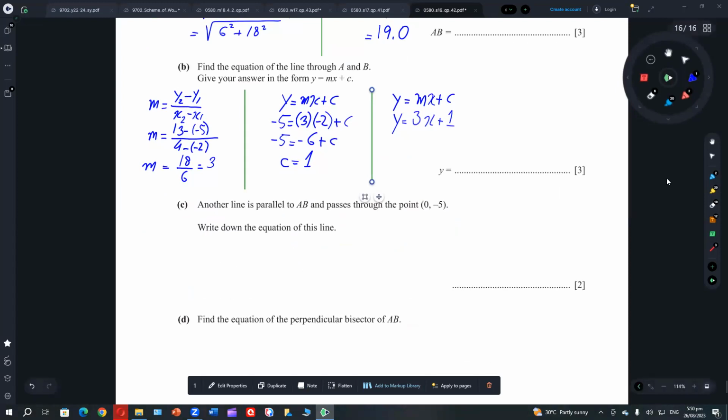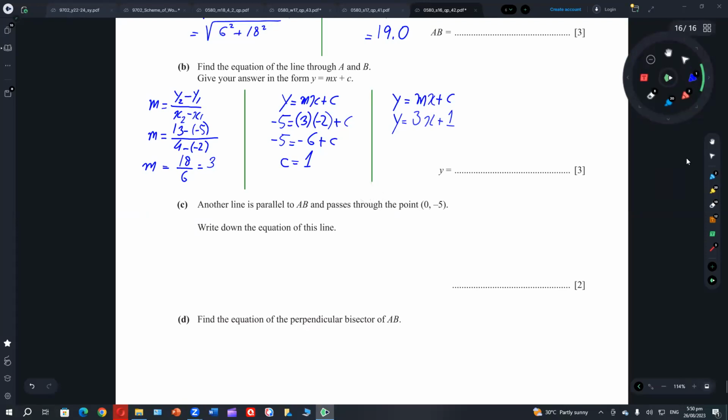Another line is parallel to AB and passes through the point 0, -5. Parallel means that the line is having the same gradient.